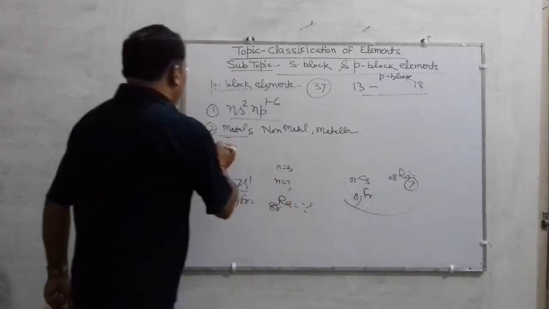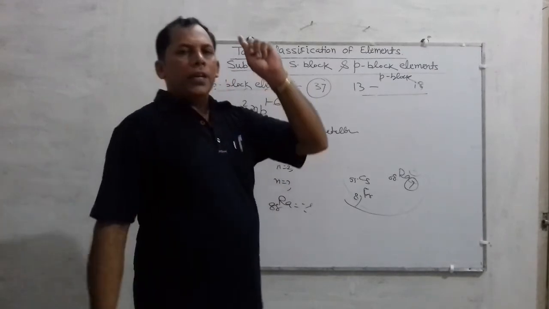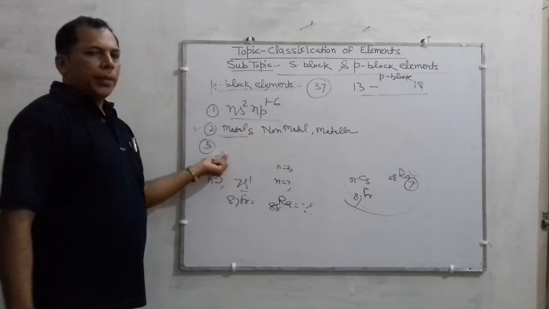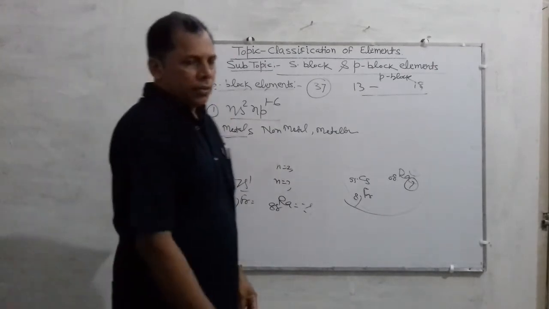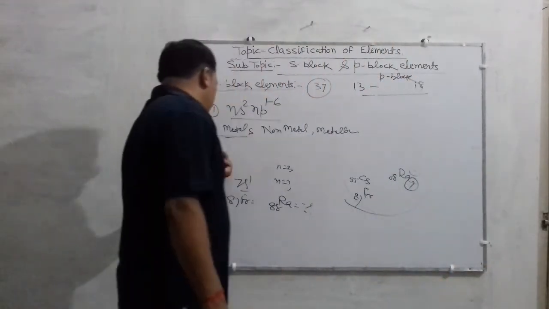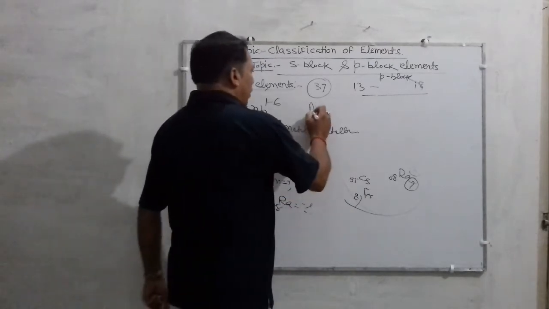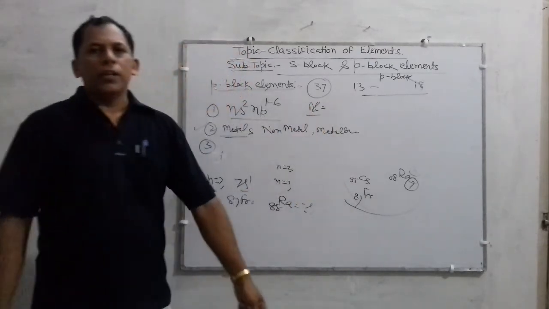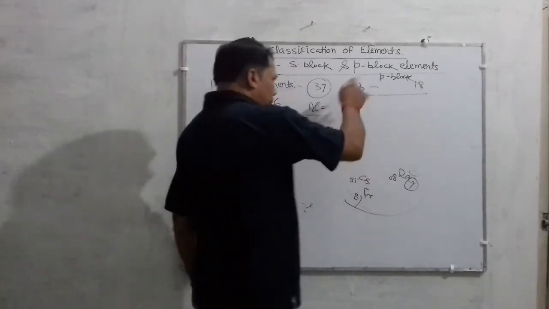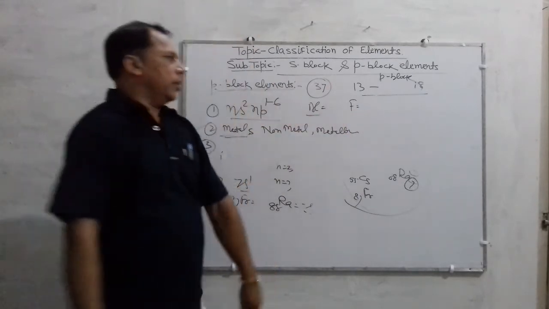Next property of P block is, P block elements have a definite valency except some elements. Except means tin-like elements only show variable valency, rest others have definite valency. For example, suppose I am taking aluminium, which is a member of P block, so its valency is 3. Similarly, suppose fluorine I am taking, the valency of fluorine is 1, that is fixed.